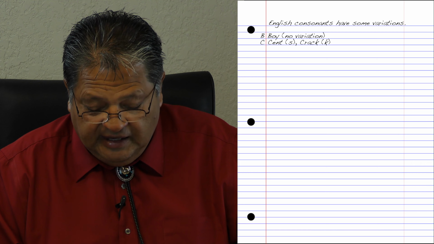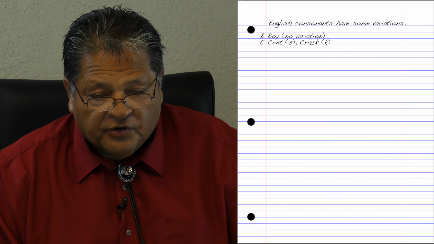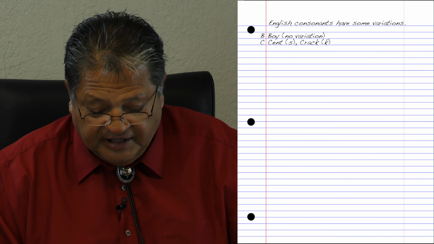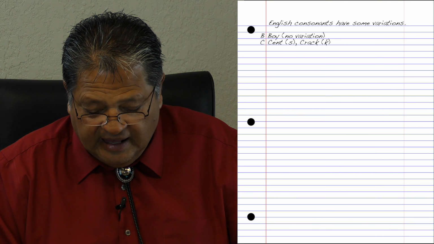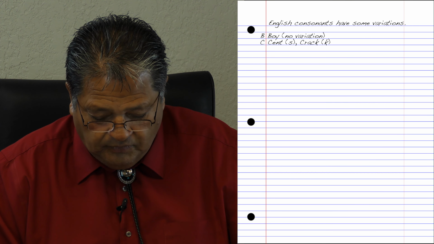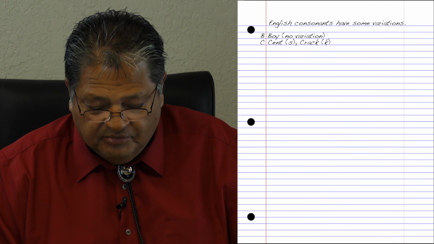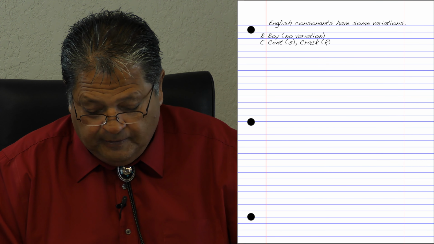The letter C can have two different sounds. You've seen it used, for example, in the word scent to sound like an S, or in the word crack to sound like a K. Essentially the letter C in the English alphabet doesn't have its own sound. It either emulates the S sound or the K sound.